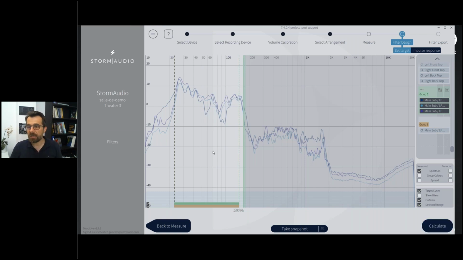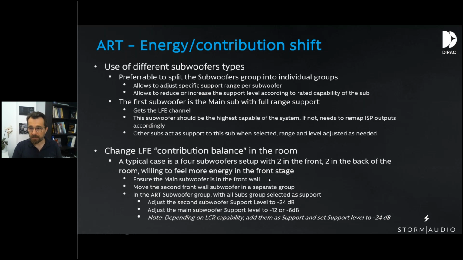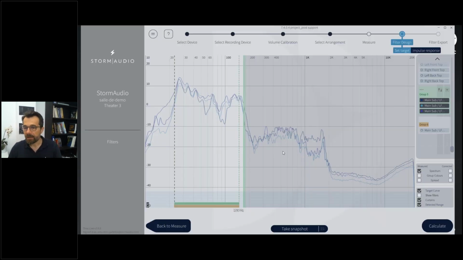What you need to keep in mind when you do it this way, if you want more energy from your front wall, is that this is also when you need to consider your LCR speakers as participating in this LFE reproduction, to create this front wave experience where the bass is really synchronized and coming from your front wall and from all the capable speakers.